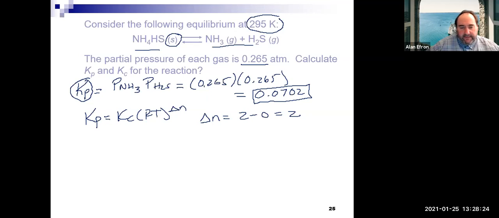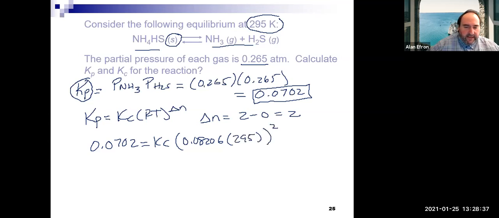So we can basically go with 0.0702 equals our Kc times our R, which is our gas constant, times our temperature, which is already in Kelvin, and we're going to square that. We can clean up the right-hand side there: 0.08206 times 295, and we also want to square that as well.